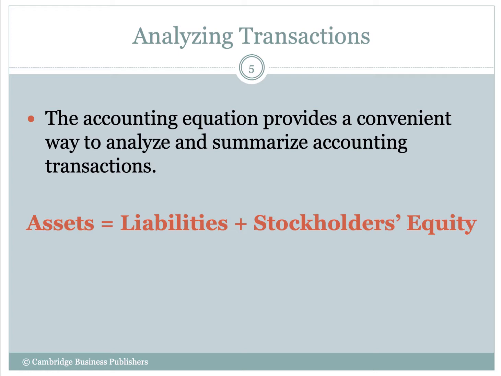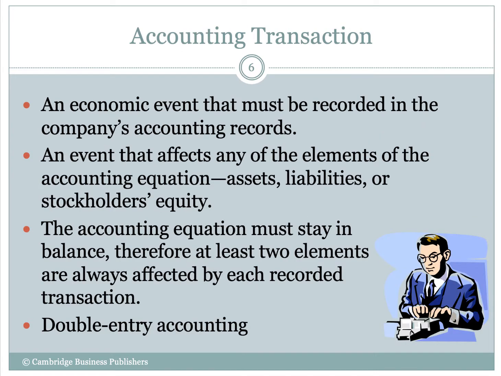So what we're going to do is look at some examples of transactions, and see how each of these transactions impacts that accounting equation. As we're looking at the transactions, in our project, we're going to use source documents, things like invoices and receipts and whatnot.